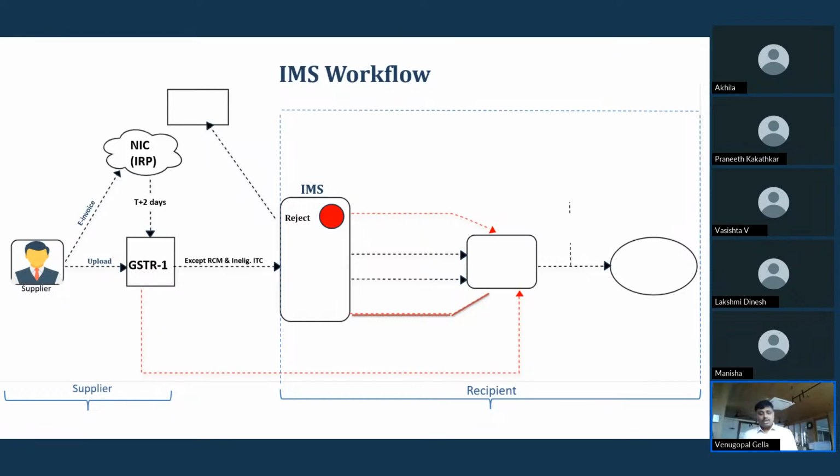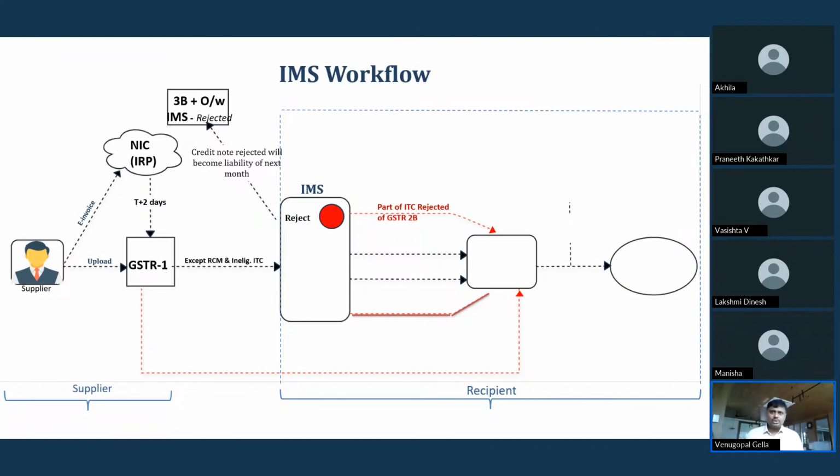So if a credit note is accepted, it is communicated back to the supplier saying, hey, you have reduced your liability. But if the recipient is saying that he is not going to reduce his input tax credit, this credit note rejected will become the liability of the next month. It gets added to the supplier's 3B in the next month.